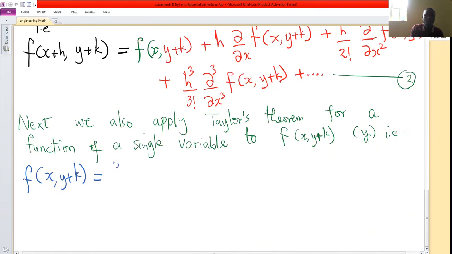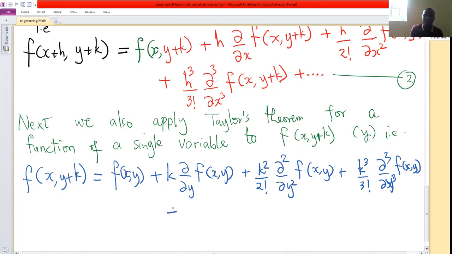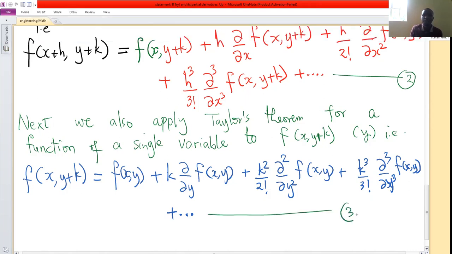This will give us f of x comma y, plus k partial y of f of x comma y, plus k squared over 2 factorial partial squared partial y squared f at x comma y, plus k power 3 over 3 factorial partial cubed partial y cubed f at x comma y, and then plus other several terms of the same pattern. Let's call this equation 3.